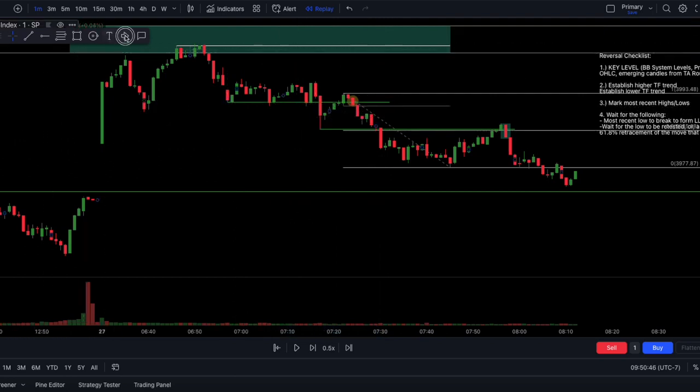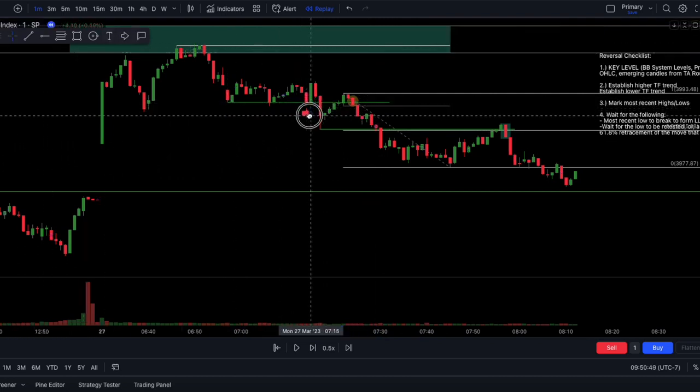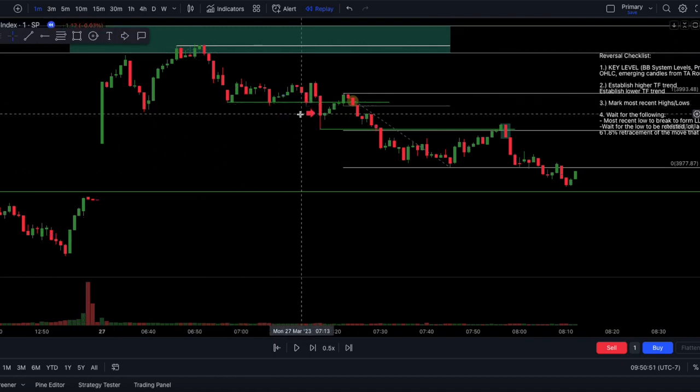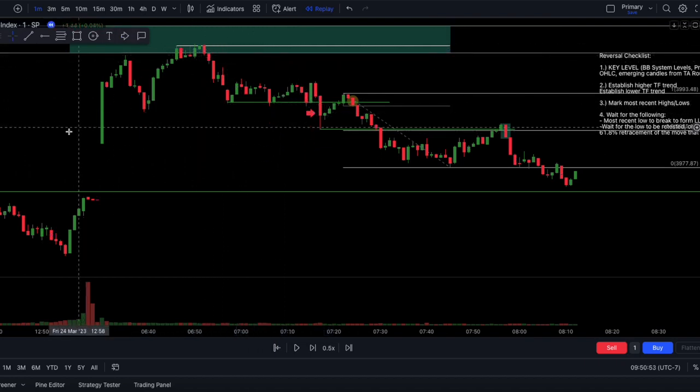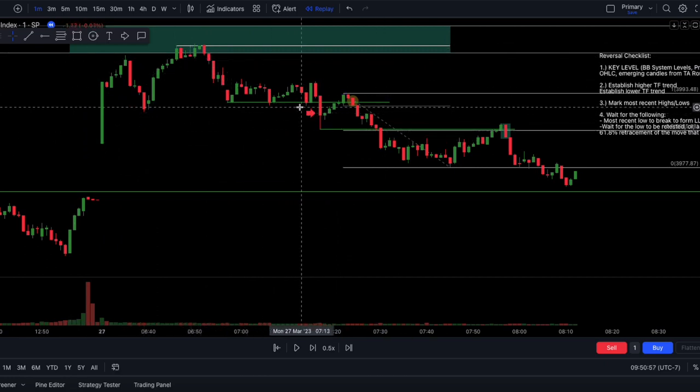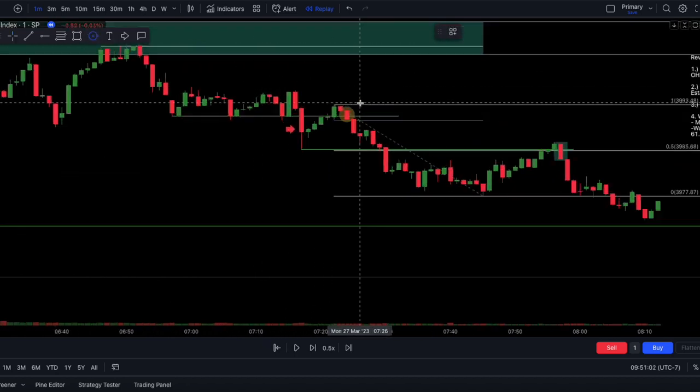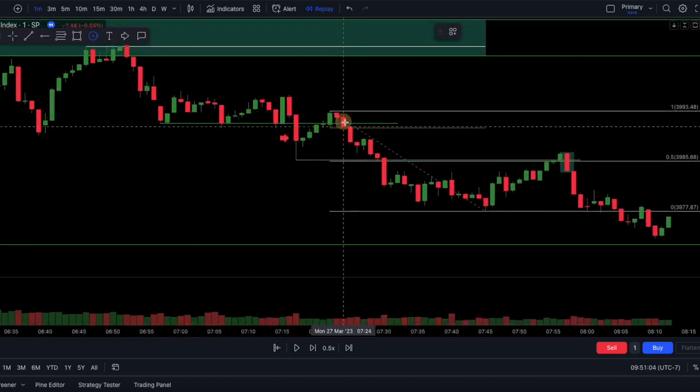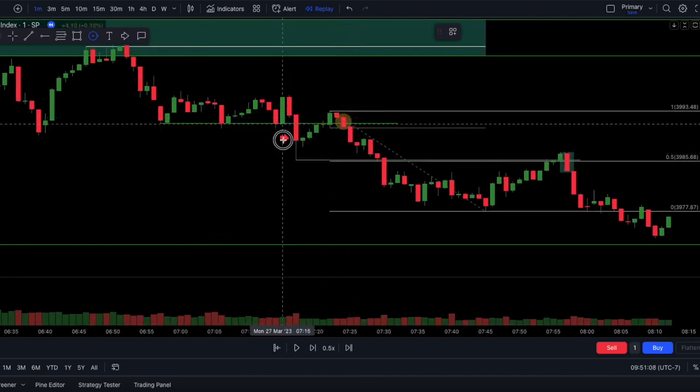We got a break of that recent low, telling us the smaller time frame trend is shifting from up to down. And then we got our retest of that low, confirming our entry. And then the same thing here.